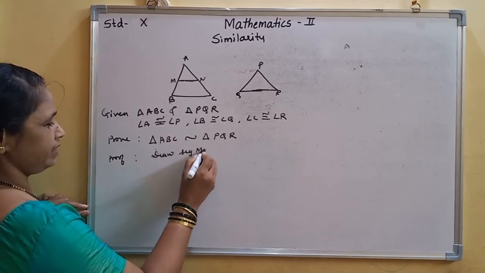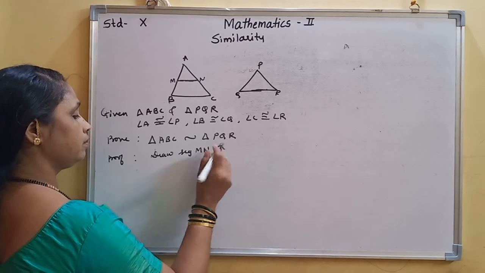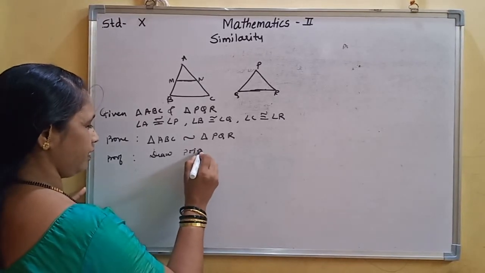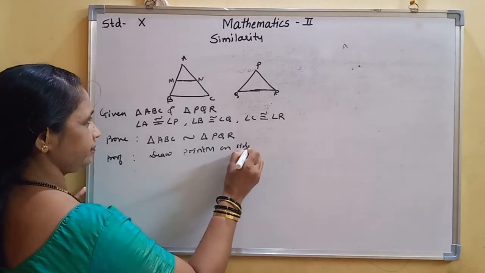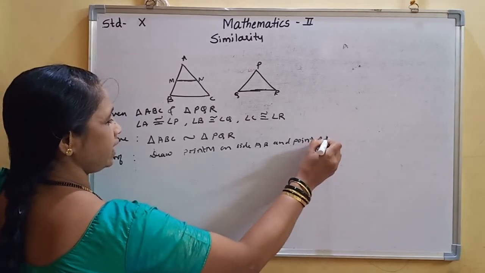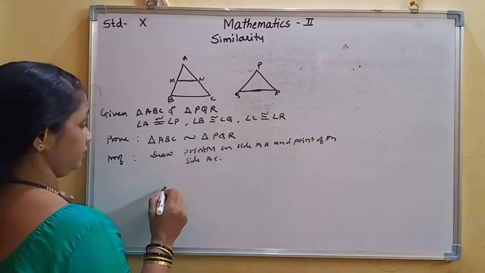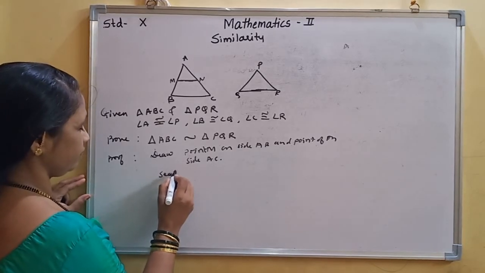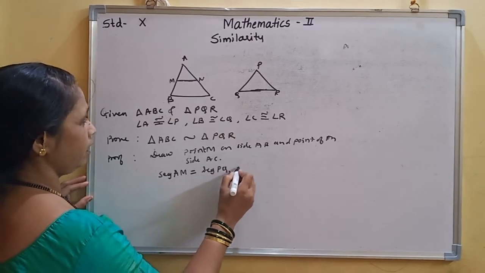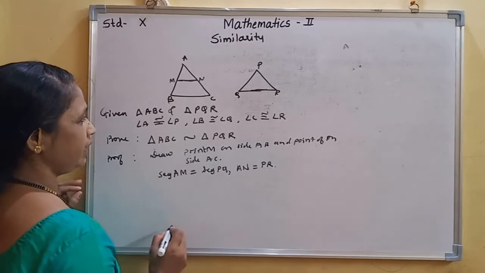Draw segment MN, with point M on side AB and point N on side AC, such that segment AM is equal to segment PQ and segment AN is equal to segment PR.